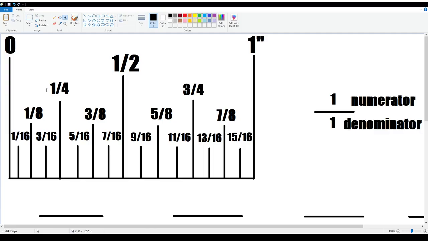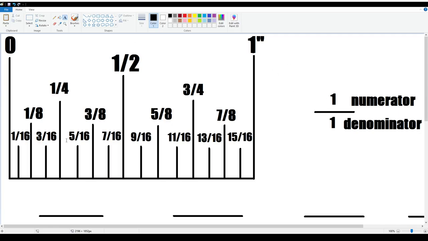A little bit shorter for both our quarter inches, 1/4 and 3/4. And then we got even shorter, 1/8, 3/8, 5/8, 7/8. And then we got down to our shortest hash marks, typically on a tape measure, which are 16ths of an inch. 1/16, 3, 5, 7, 9, 11, 13, and 15/16, making up the 16th hash marks on an inch that you would see on a tape measure.